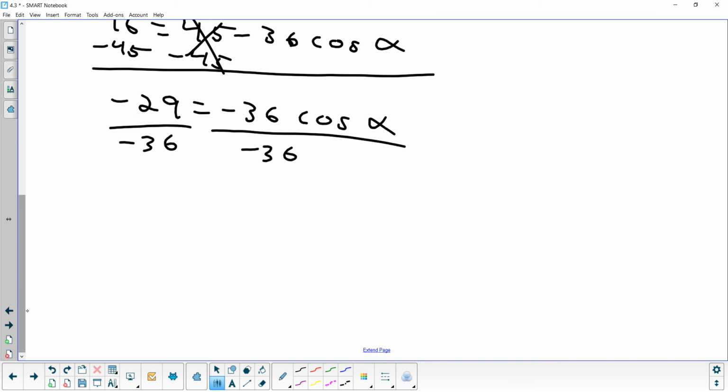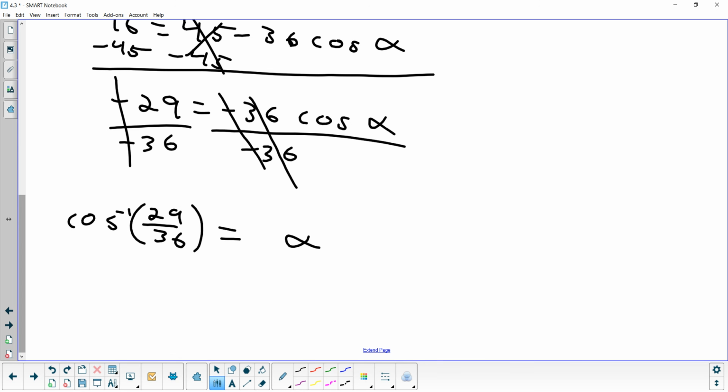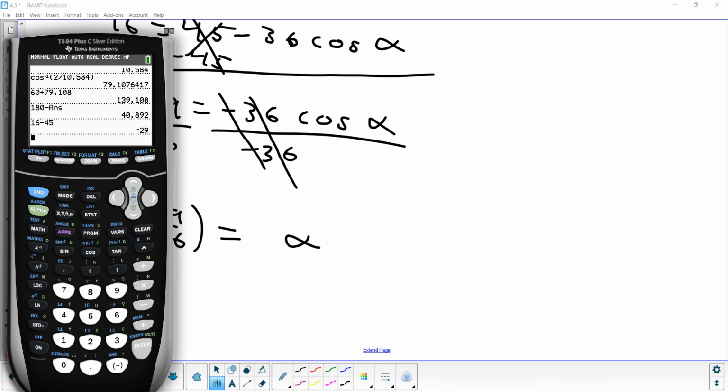And it did here. So negative 36 is gone. And what am I going to do on both sides to get alpha by itself? Yeah, inverse cosine. Okay, and there's your answer for alpha. So inverse cosine of 29 over 36. And we get an angle of 36.336.